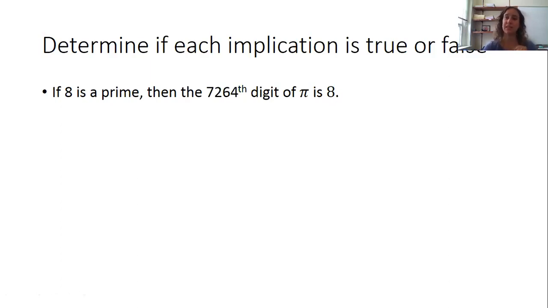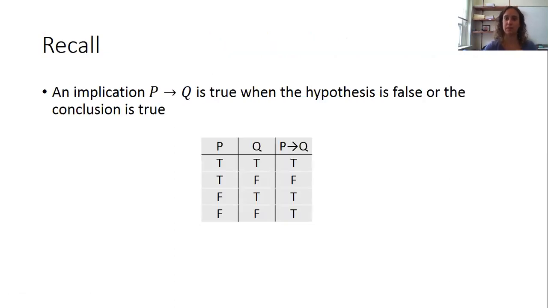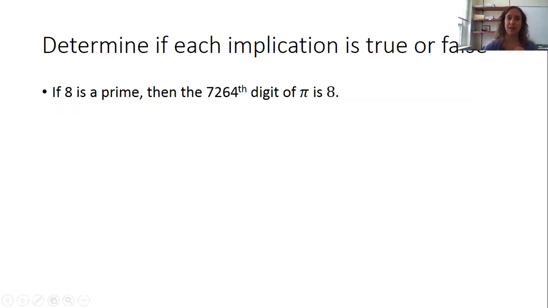But the good news is it doesn't matter, because we want to know if the implication is true or false. Because the hypothesis part is false, the implication is automatically true. Going back to the truth table, if the hypothesis is false, the implication is true. So because 8 is not a prime number, this implication is true.